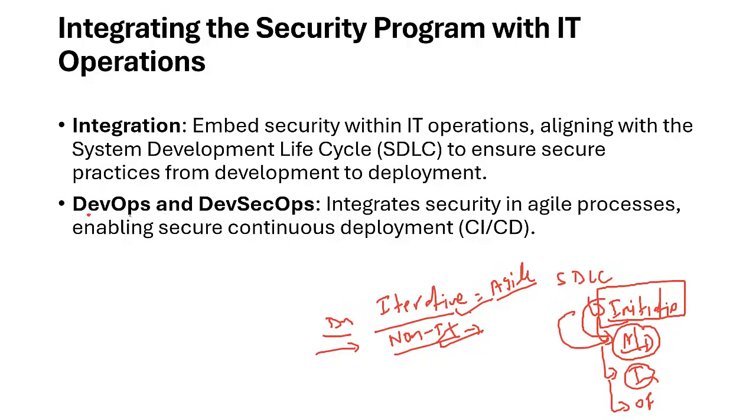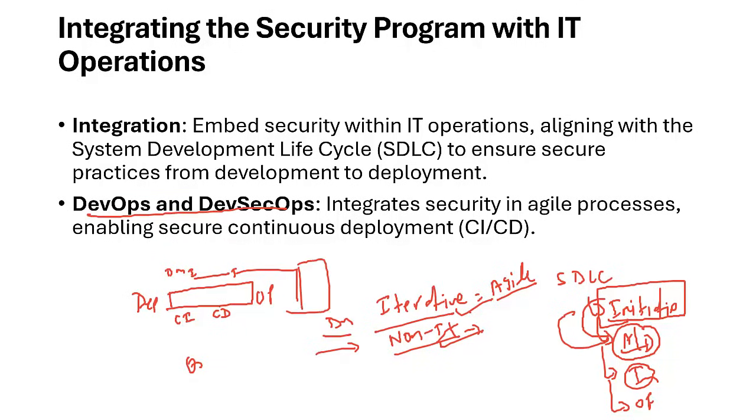That's why we introduce the concept of DevOps and DevSecOps. So in this case, what happens? We have a development team, an operations team, and a quality team. And they follow one concept which is called CI and CD. During CI, we develop the module, we integrate the module, we release the module, then we test the module, and then we store it in the repository. So we introduce module by module in the pipeline. So we integrate security in the agile process. Why?